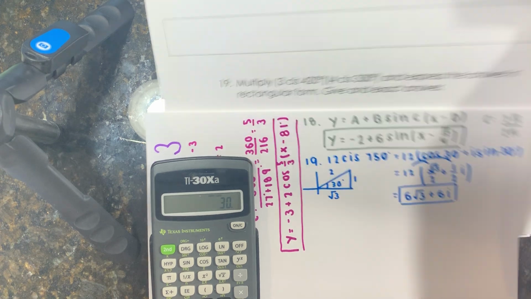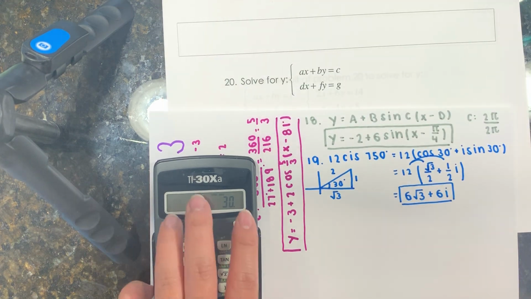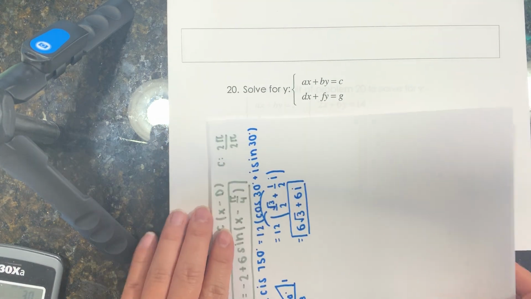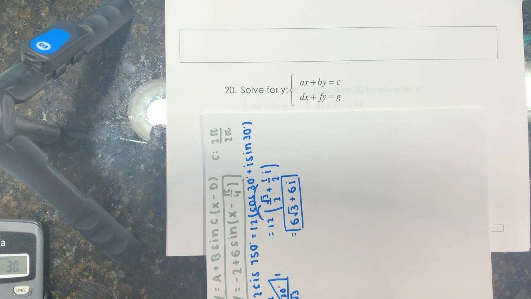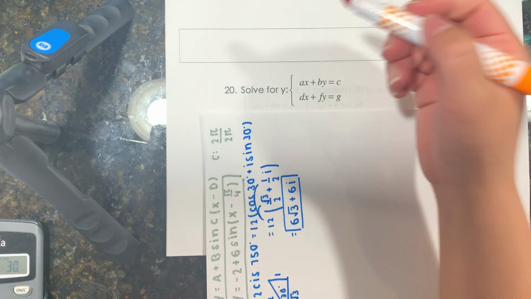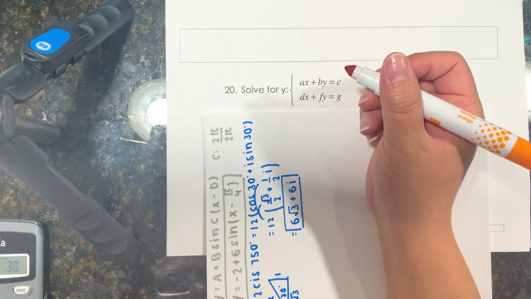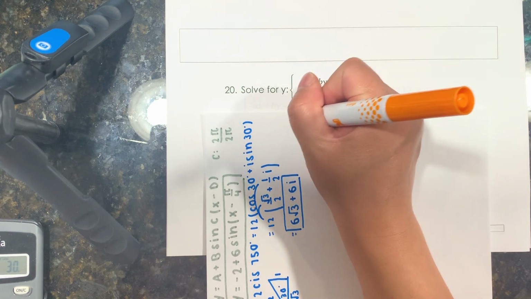And that's it for number 19. For number 20, we need to solve for y. So I'm going to eliminate x, meaning that I'm going to multiply the top equation by the coefficient of the bottom equation. So I'm going to multiply the top equation by d.